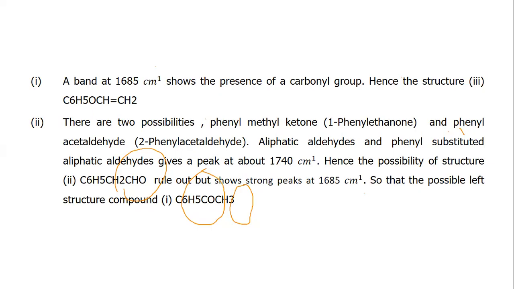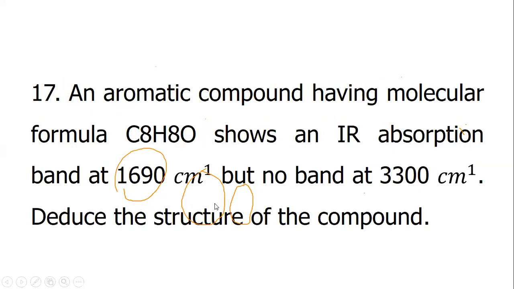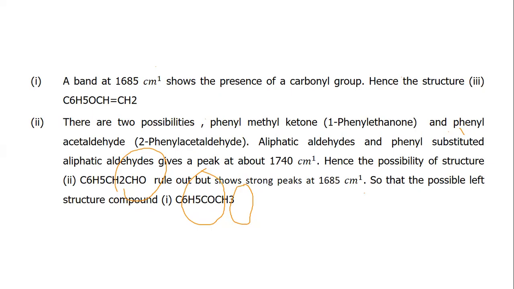Hence, the possibility of the second structure, C6H5CH2CHO, is ruled out, but the compound shows a strong peak at 1685 per cm, so the possible structure left is the first. So the structure is the first structure.